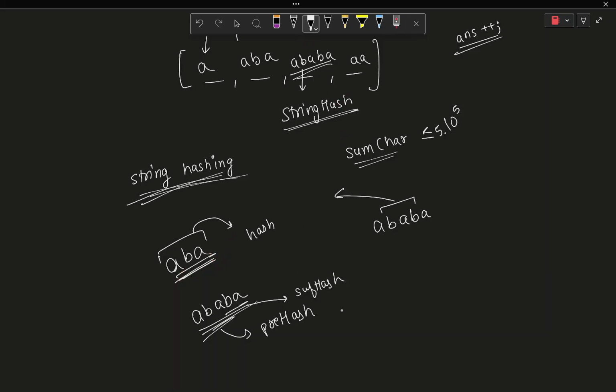So you will only find the hash value of those prefixes and suffixes. Now comparing this is very easy. You will just check that hash should be equal to pre-hash, and hash should be equal to suff hash, right? That is what we have understood.